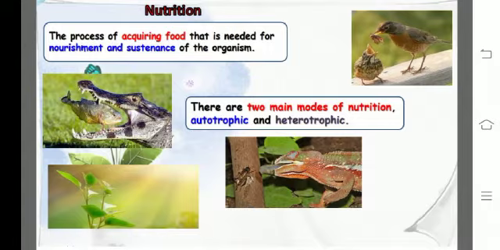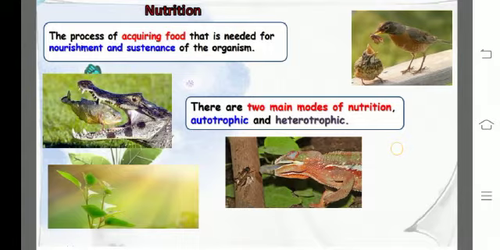We are eating food to nourish our body, to be healthy, and so that the substance joins our body. So nutrition means the process of acquiring food that is needed for nourishment and substance of the organism. The important points are nourishment and substance.